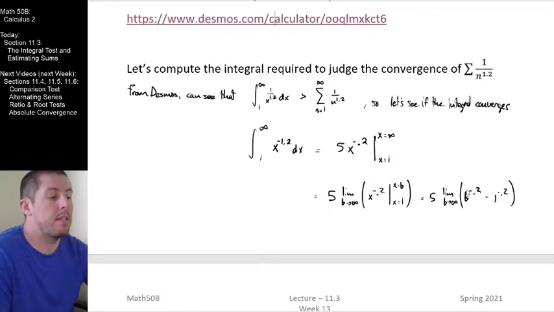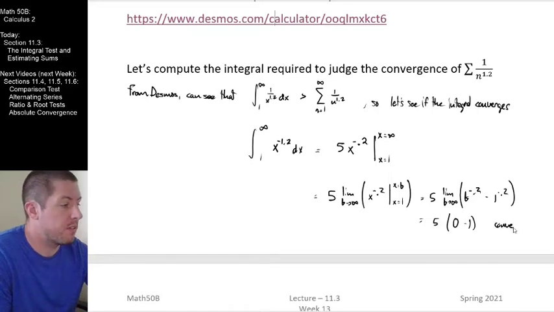What we can see here is that since this is really a fraction, as b gets larger and larger, because this is a negative power, it's actually getting smaller and smaller. So we're getting 5 times 0 minus 1. And it seems like this is going to converge.